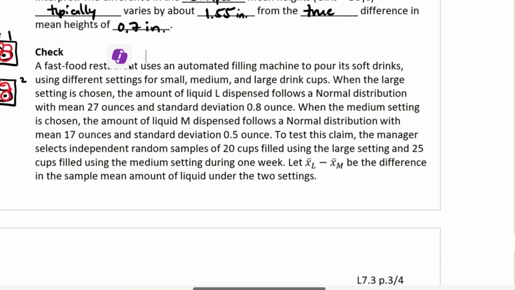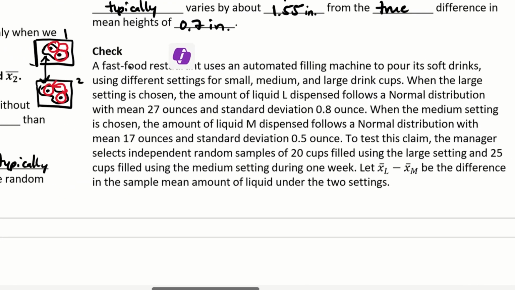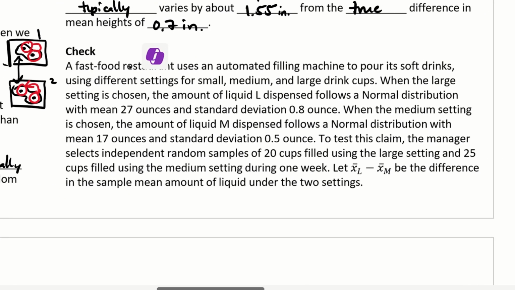It says here, a fast food restaurant uses an automated filling machine to pour its soft drinks, using different settings for small, medium, and large. When the large setting is chosen, the amount of liquid dispensed follows a normal distribution with a mean of 27 ounces. So for the large, it's a mean of 27, standard deviation 0.8.